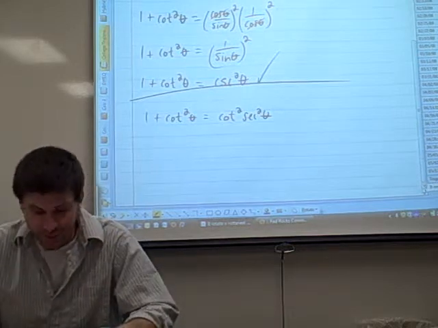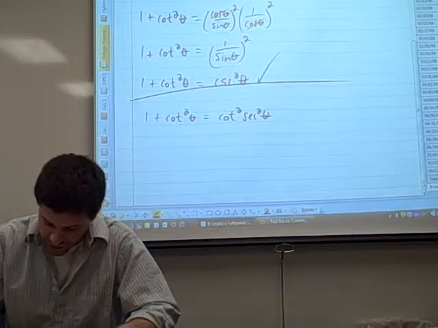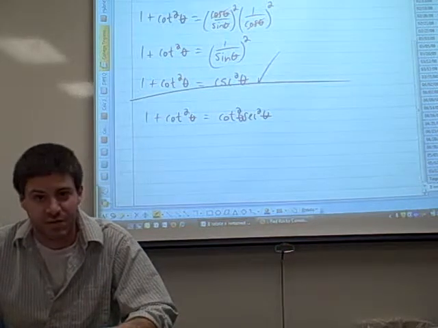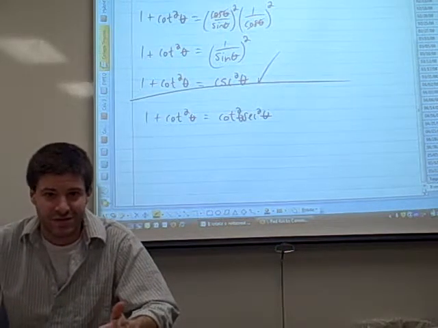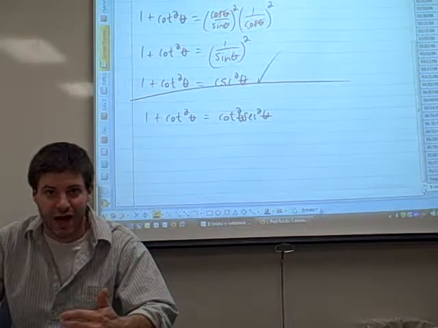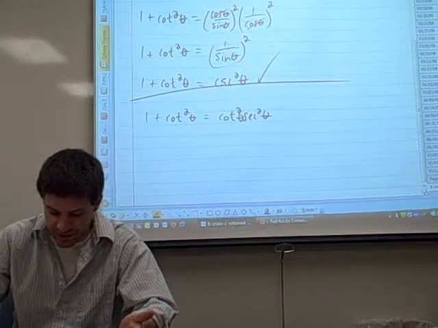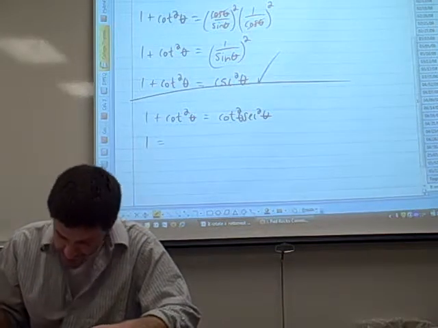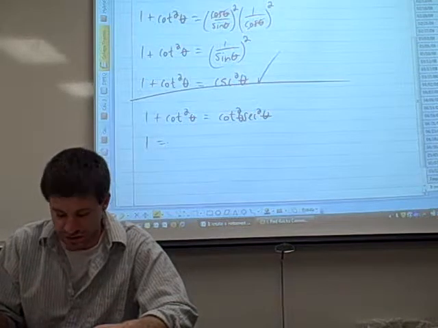Okay, so you might notice that there's a cotangent squared theta in 2 different terms. So you might think to yourself, oh, maybe I can put those terms on one side of the equation and factor out a cotangent squared. Maybe, I don't know. So maybe what you would do is you would subtract the cotangent squared from both sides.